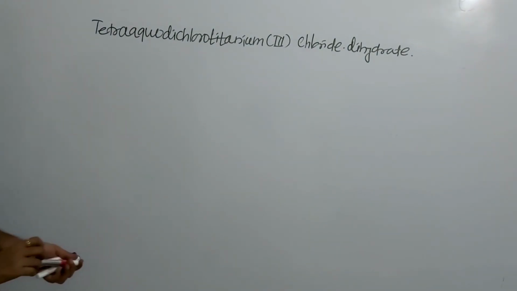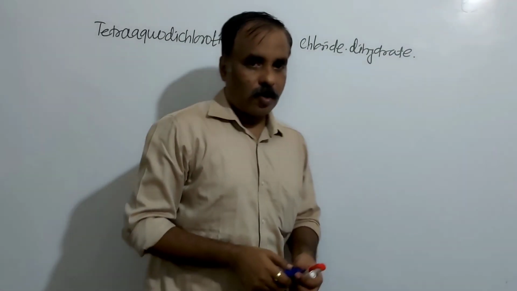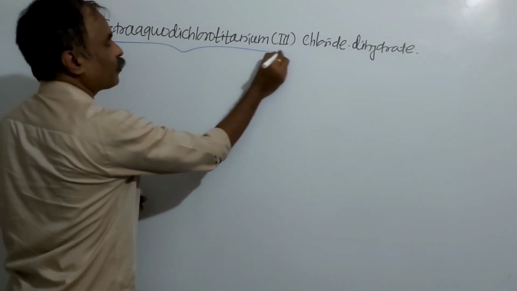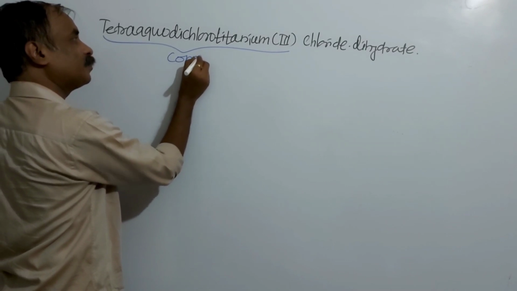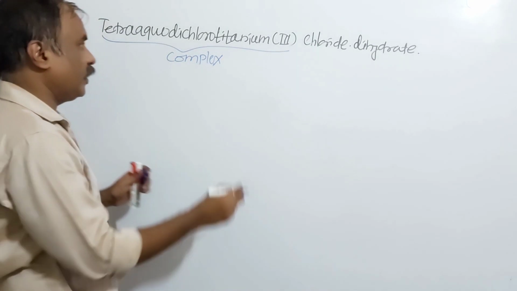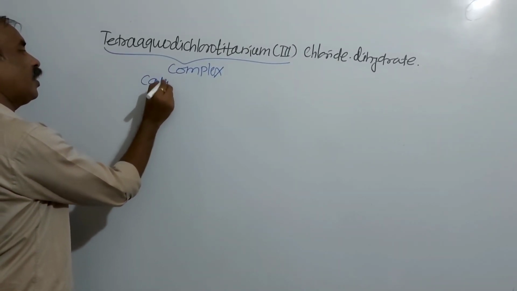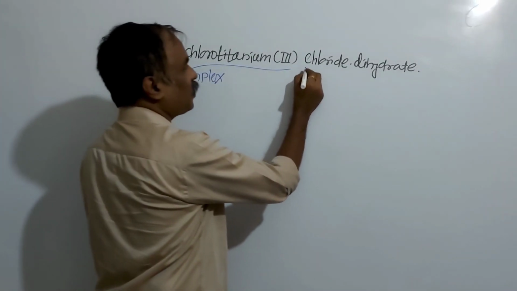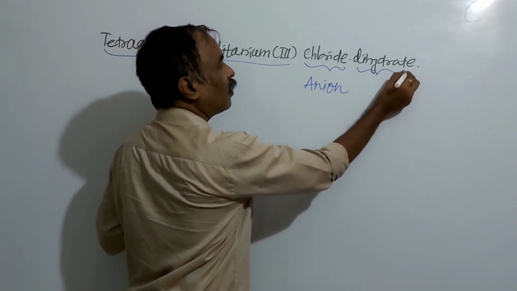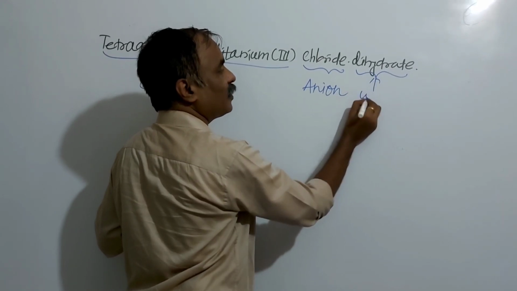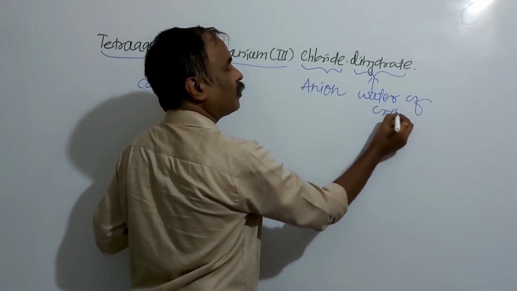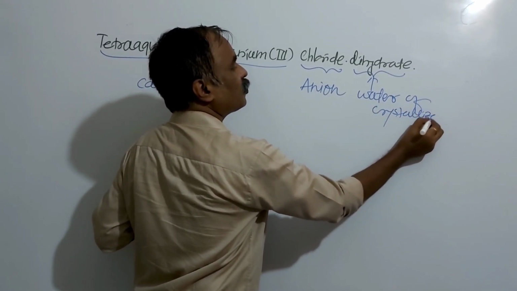We'll see what is this. कॉम्प्लेक्स को फॉलो करो. ए कॉम्प्लेक्स पार्ट ए है. दिस इज द कॉम्प्लेक्स. एक कैटायनिक कॉम्प्लेक्स और अनायनिक कॉम्प्लेक्स है. ये कैटायनिक कॉम्प्लेक्स है. दिस इज कैटायन. क्लोराइड इज अनायन. ये अनायन है. और ए वाटर ऑफ क्रिस्टलाइजेशन. Water of crystallization.